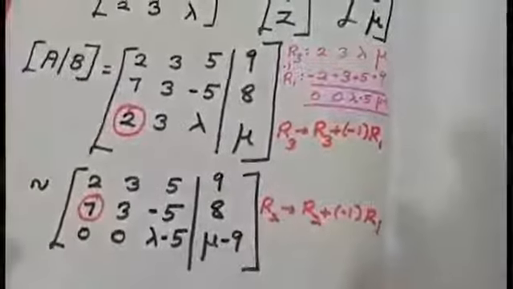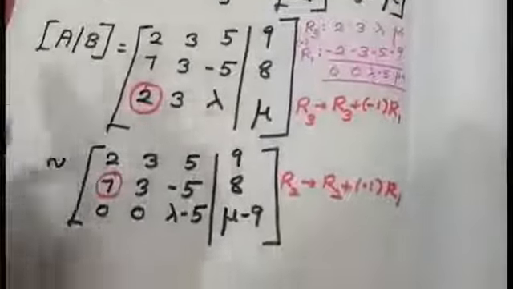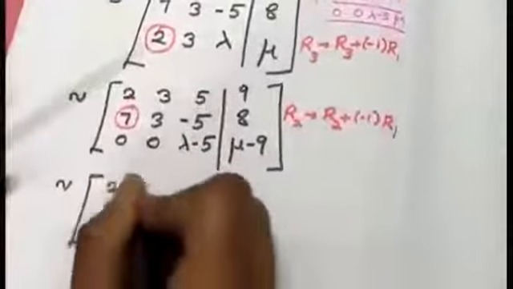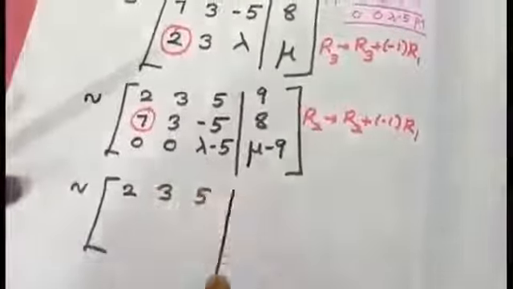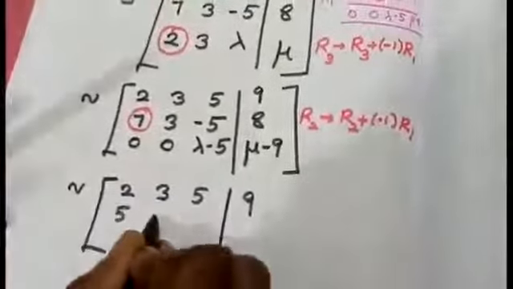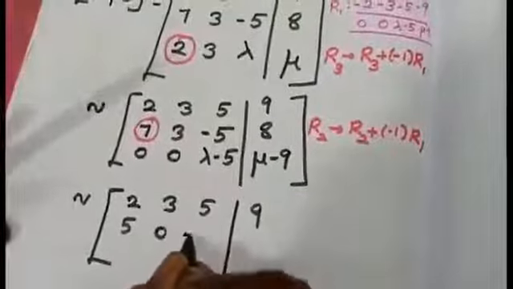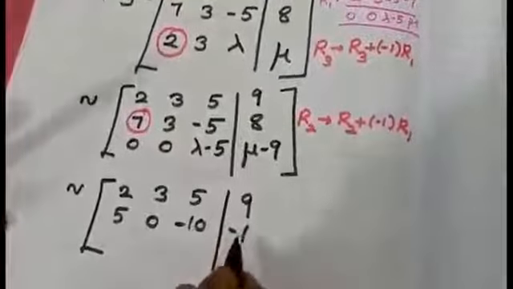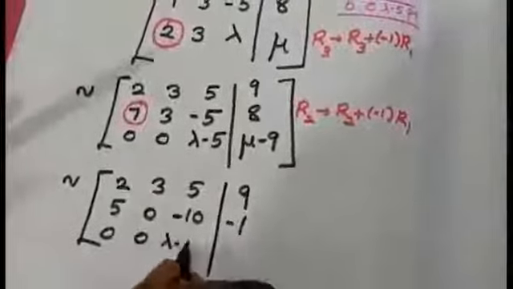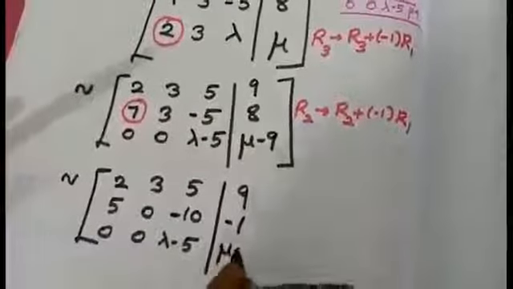If I do like this, I will get 2, 3, 5, 9. In place of R2, I will get the value as 5, 0, minus 10, minus 1, 0, 0, lambda minus 5, nu minus 9.